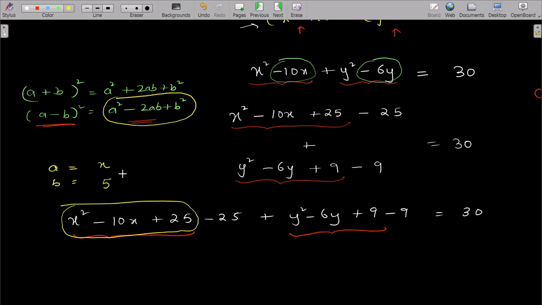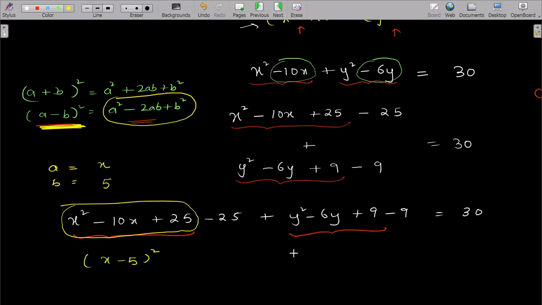B is 5. Perfect. So can I write these three terms as x minus 5 whole square, because these three terms are equal to this a minus b whole square? Yes. Okay. And then can you tell me for these three terms, y squared minus 6y plus 9?